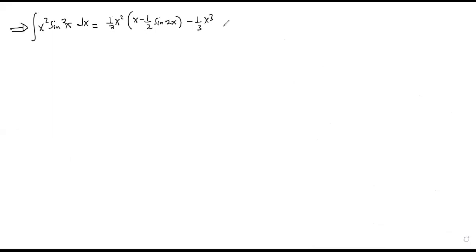Then we shall bring in that integral plus, so it will be minus a quarter. I'm substituting minus a quarter x cos 2x, then plus 1/8 sine 2x plus a constant of integration.